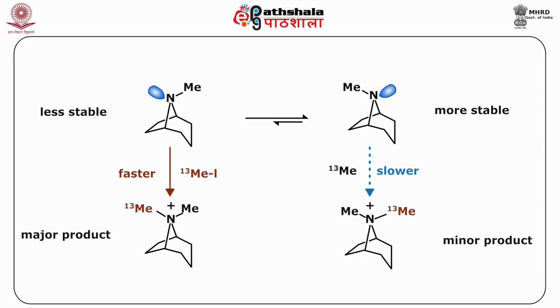We can see here that the major product and the minor product are obtained through the fast and the slow reaction, where the reaction is monitored by carbon 13 method.